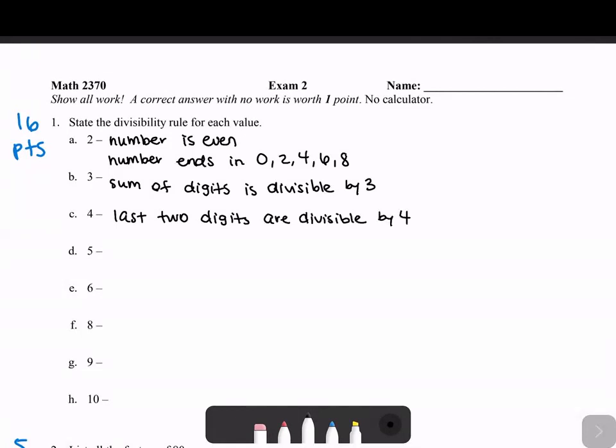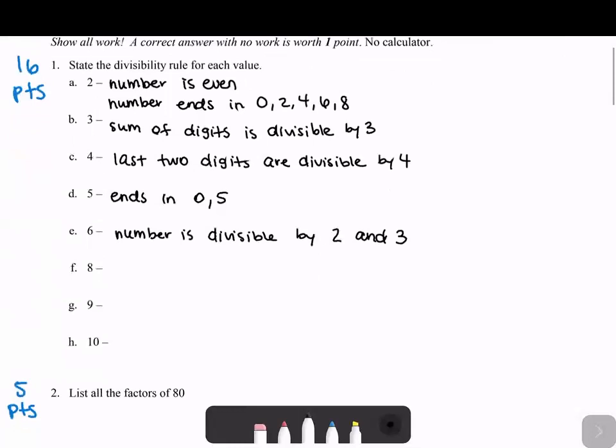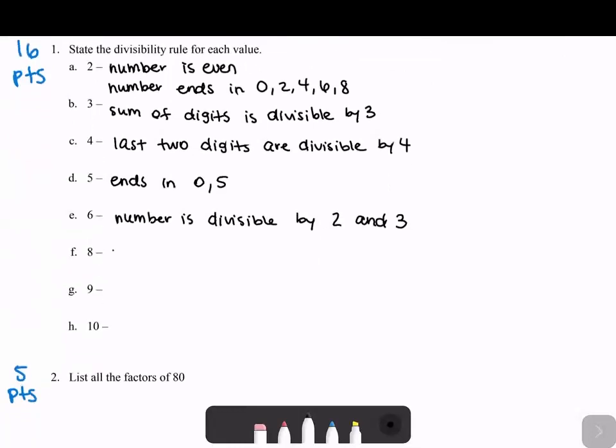The divisibility rule for 5 is that the number ends in 0 or 5. The divisibility rule for 6 is that the number needs to be divisible by 2 and 3.